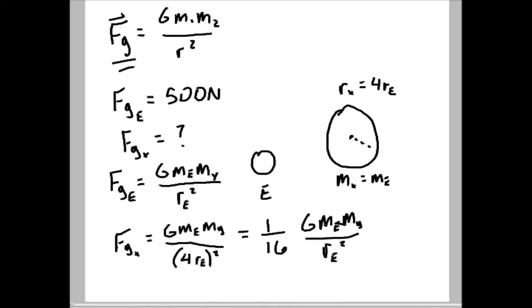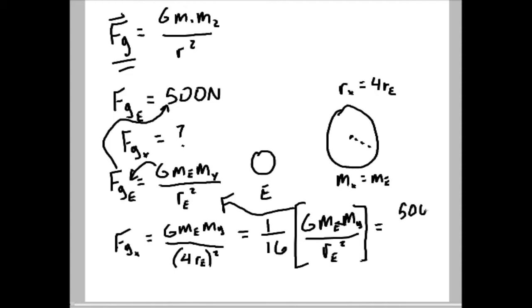Well, this term right here, G, mass of Earth, mass of me over radius of the Earth squared, that's the same as F_GE right there. So this term is your weight on the Earth, which is 500. So your weight on planet X would be 500 divided by 16.